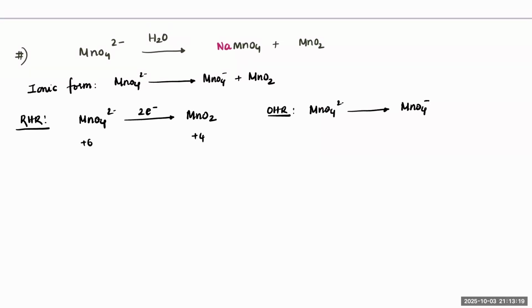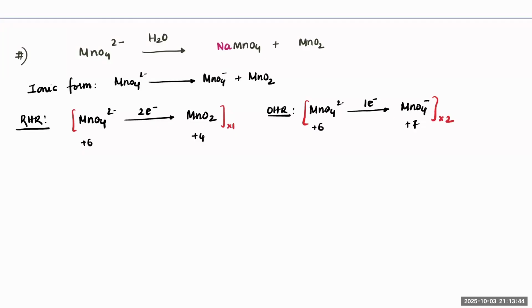So what do we have? MnO4 2 minus, here it is at +6 converting into +7. So 1 electron is being transferred here. So the same MnO4 2 minus is involved in oxidation as well as reduction. Now to balance it, I need to multiply this with 1, and this you have to multiply with 2.